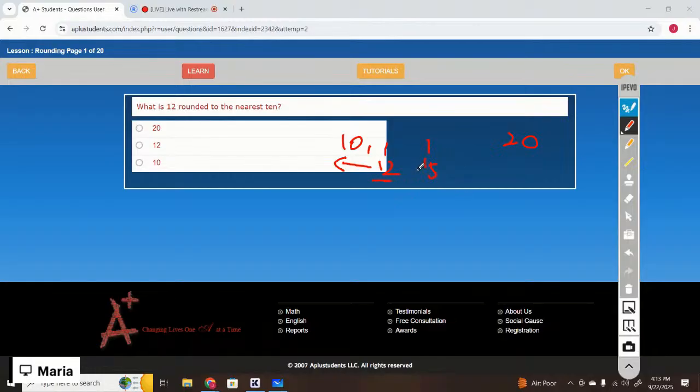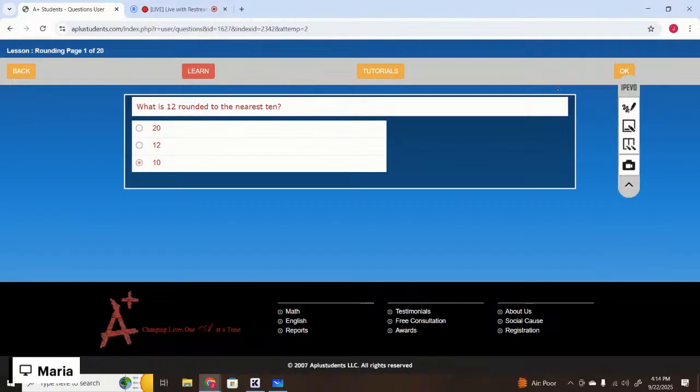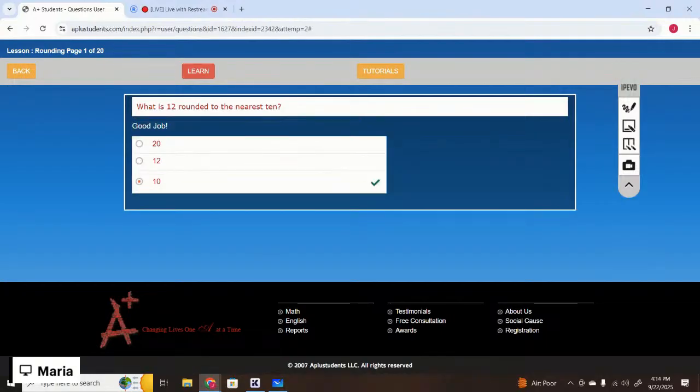The midpoint of these two numbers is exactly 15. So 12 is less than 15, so it would be rounded to 10. If that is greater than 15, then it would be rounded up to 20. So 12 is rounded to 10. Option number 3 is the correct option.